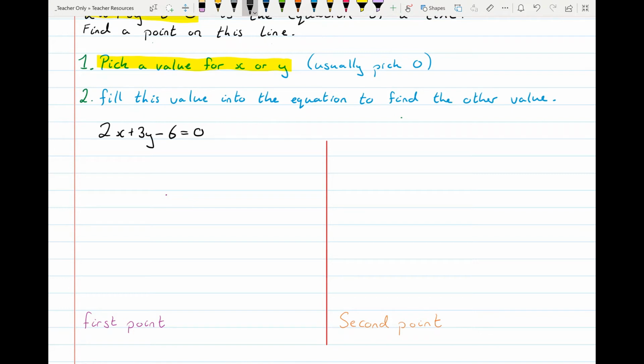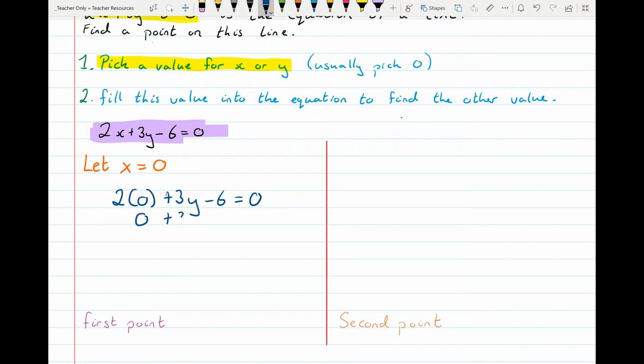So let's do that here. I'm going to start by saying let x equal 0. So I'm stating clearly that I'm going to sub in 0 for x. My equation then will become 2 times 0 plus 3y minus 6 equals 0, where I'm filling into this equation of the line here. 2 times 0 is 0, plus 3y minus 6 equals 0. Let's add 6 to both sides because we want to get the y's on one side and the constants on the other.